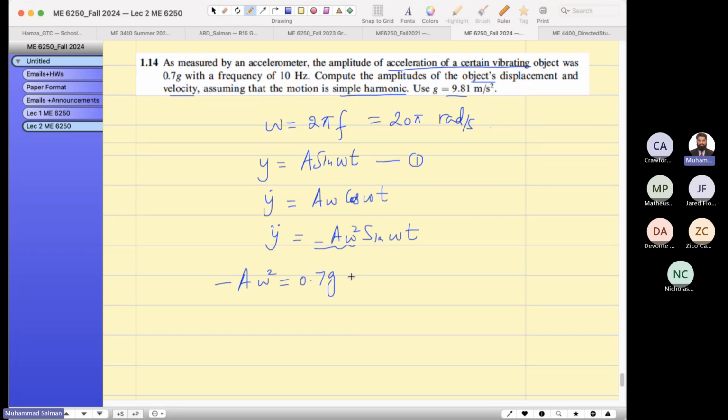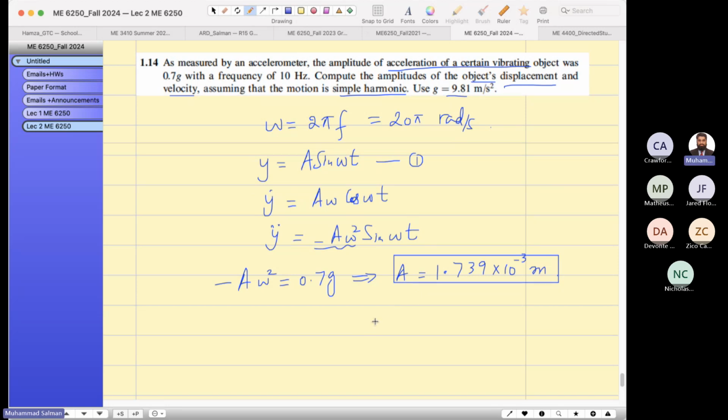From here you can find out a, which is equal to 1.739 times 10 to the negative 3 meters. This is the amplitude of displacement.